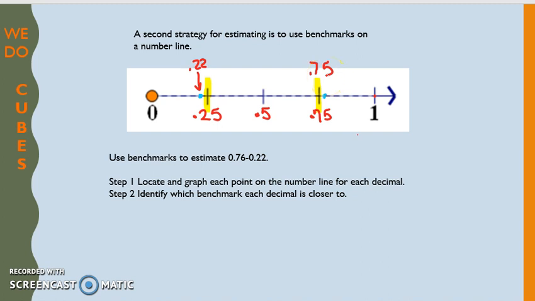So if we are subtracting, we're going to estimate that 0.75 minus 0.25 is about 0.5. So that is another way that we can estimate.